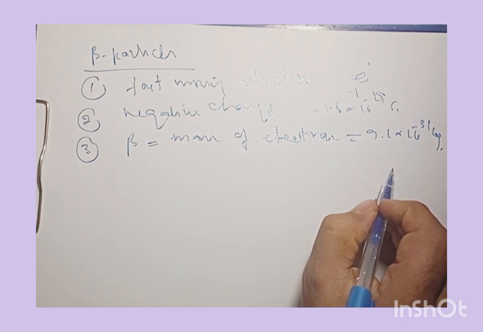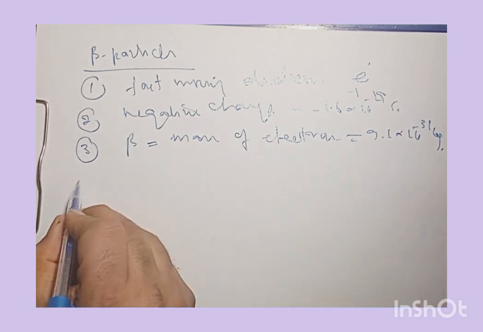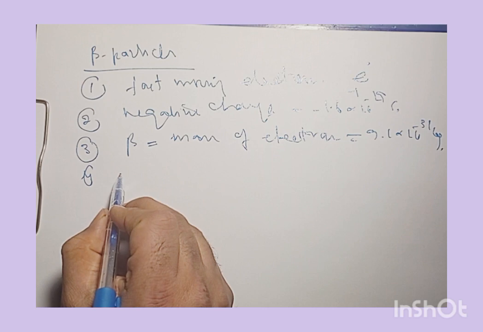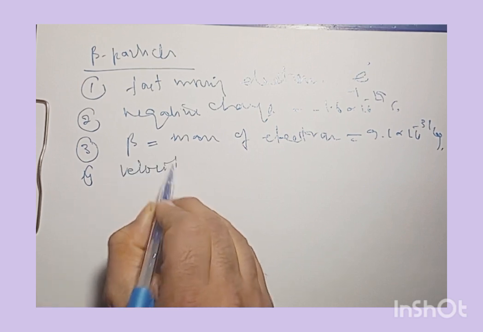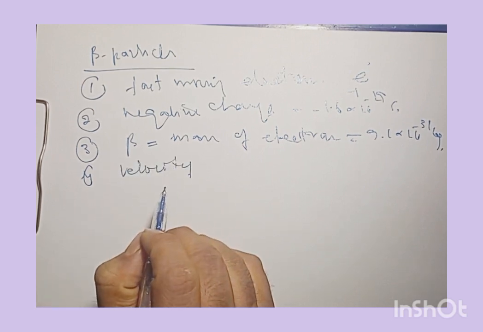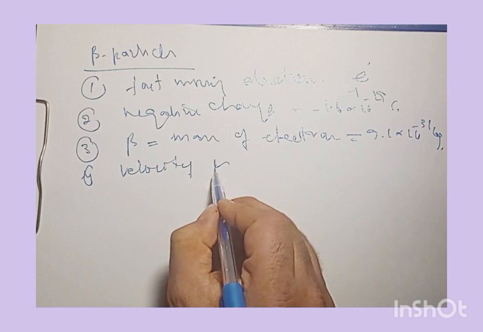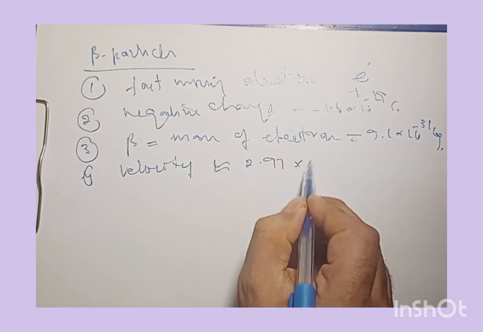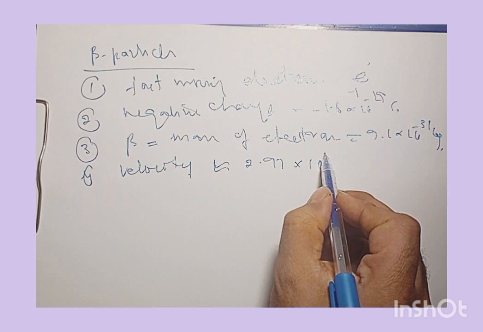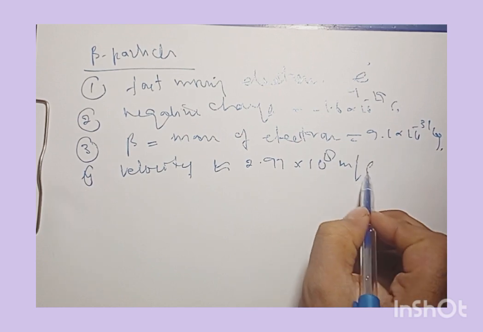And they are emitted with velocity. On average, their velocity is about 2.97 times 10 to the power of 8 meters per second.